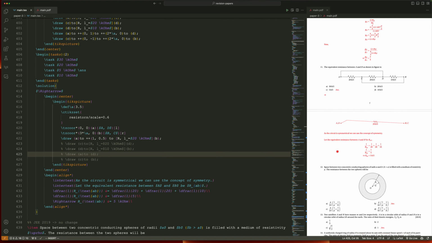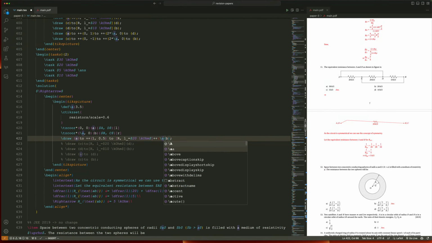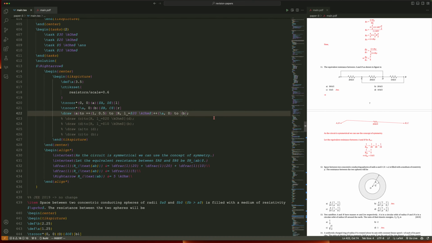So I think I messed things up, but we have to fix the B part. So A comma 0 is, I think, again we did not do, yes, 2, A comma 0, and then do B. So this is how we can change.